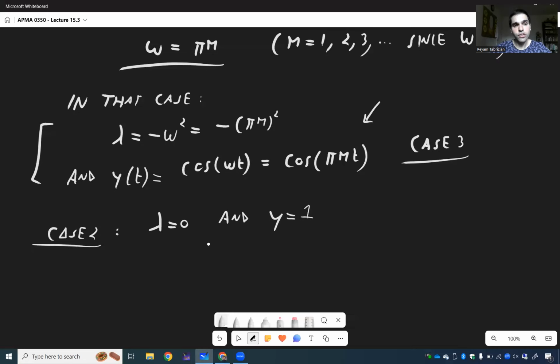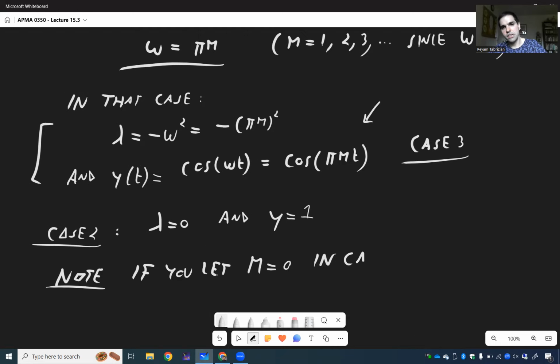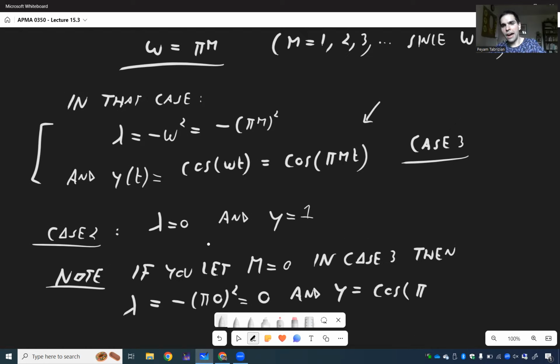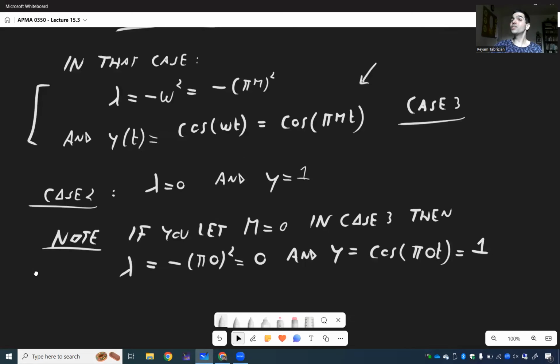In other words, if you let m equals 0 in case 3, then lambda is minus pi times 0 squared, which is 0, and y is cosine of pi times 0 times t, which is cosine 0, which is 1, which includes case 2.